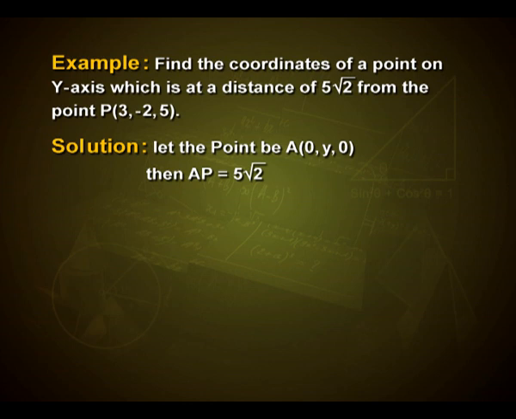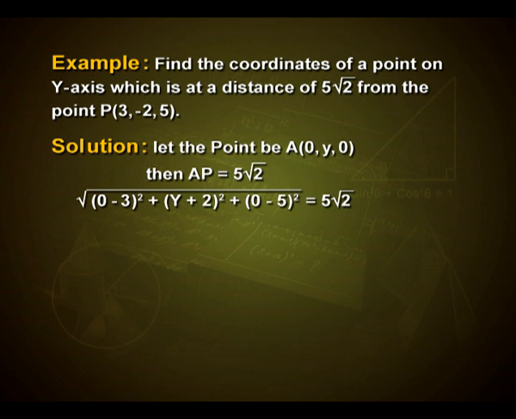So, using our distance formula, we have the square root of (0 minus 3) whole square plus (y plus 2) whole square plus (0 minus 5) whole square is equal to 5 square root 2, which on simplification gives us 9 plus (y plus 2) whole square plus 25 is equal to 50.